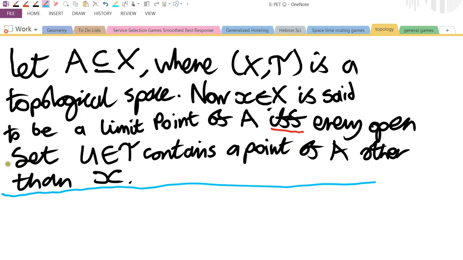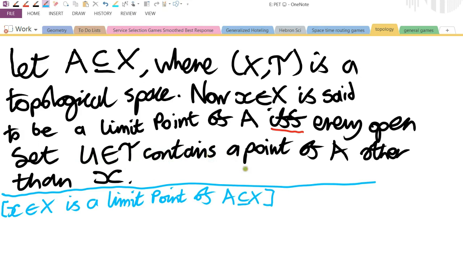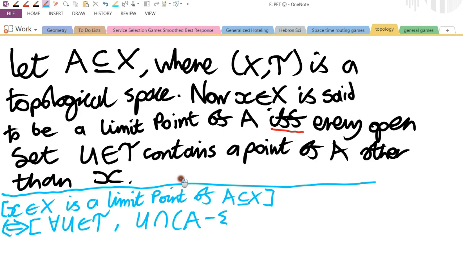So we can write it like this and say that a point x is a limit point of A if and only if for every open set we have that the intersection of that open set with the set we get by taking A and removing the point x, if it's in A, is non-empty.